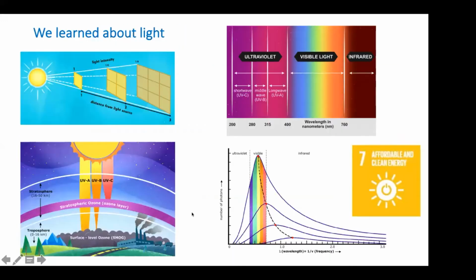So what did we learn about? To start off, we learned a lot about light. Our sun is absolutely crucial to all life on Earth. We orbit our sun, and we get all of our energy from the sun, whether directly in the form of light, or maybe as heat, because our atmosphere absorbs the heat from the sun's rays.